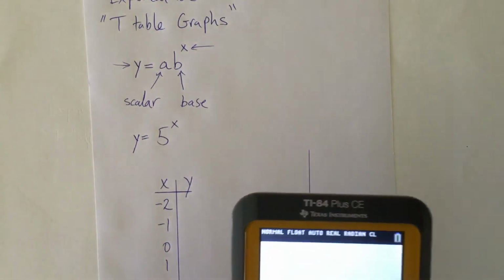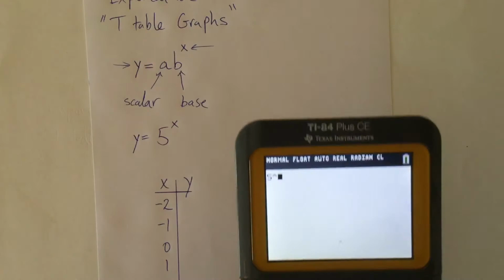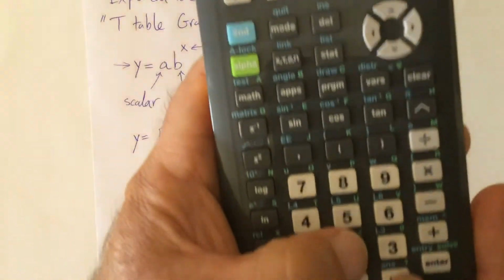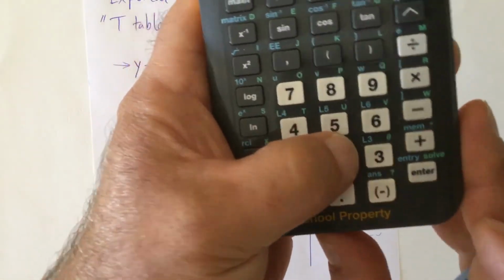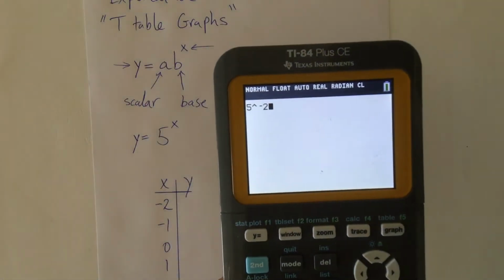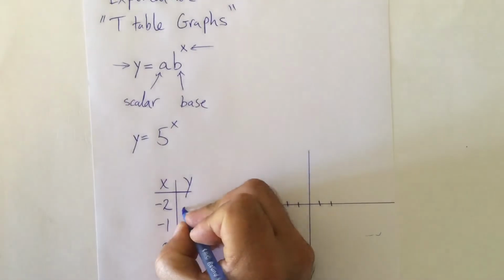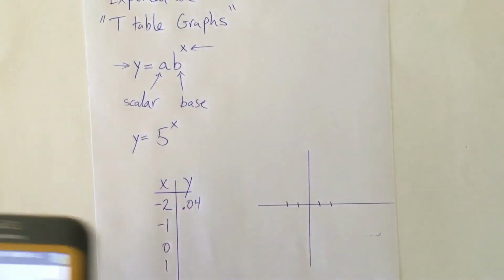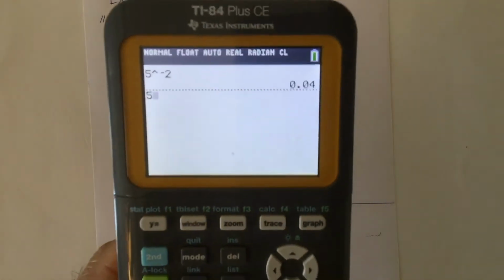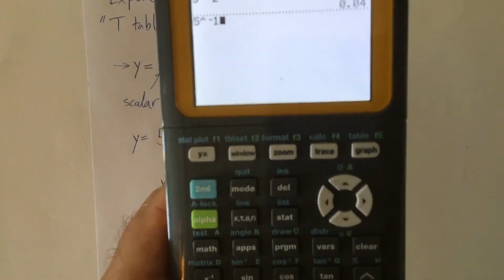I could go to the table, but I'm just going to say, if I did 5 to the power of -2, I get 0.04. That's a very tiny number. How about when I do 5 to the power of -1?